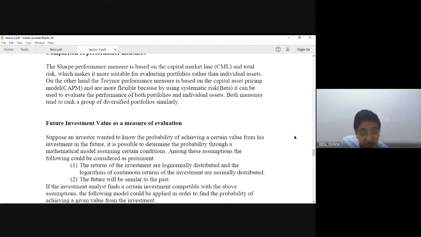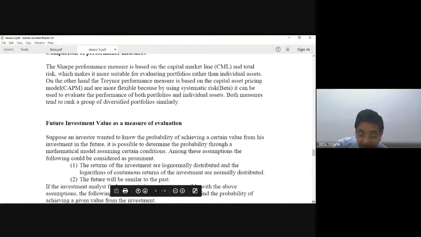And logarithms of continuous returns of the investment are normally distributed. I think it really refers to the same thing.